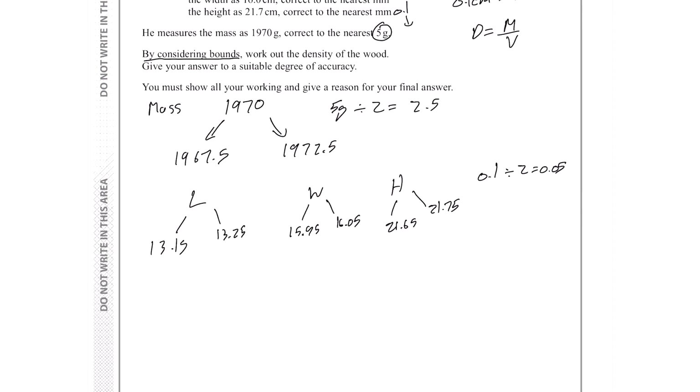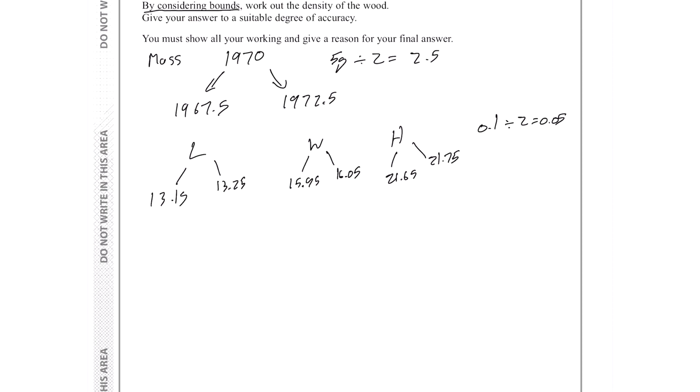Now to work out the upper bound for the density, we'll need the highest possible value of mass, which will be this one here, 1972.5, and we'll need the lowest possible value for the volume.